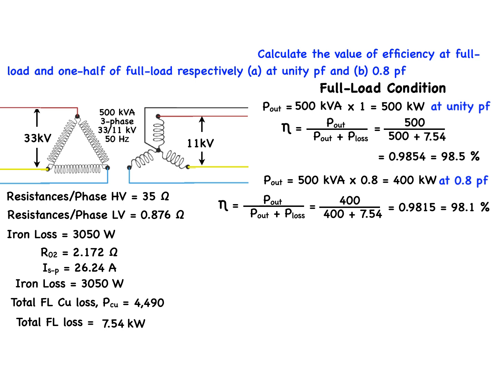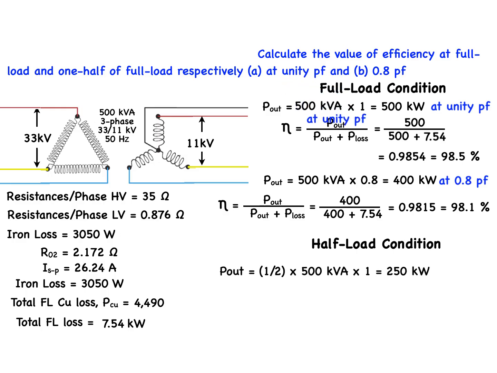At half load, for unity power factor, we get 1/2 times 500 kVA times 1, which equals 250 kilowatts. At half load, the copper losses, I squared R, is 1/2 squared times the full load copper losses, and that is equal to 1,222 watts.